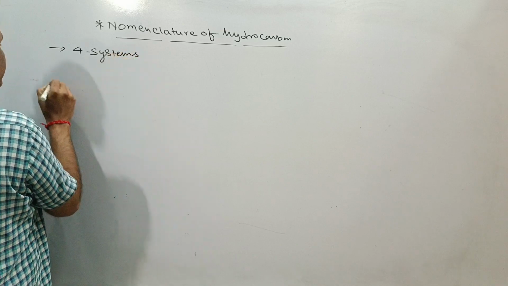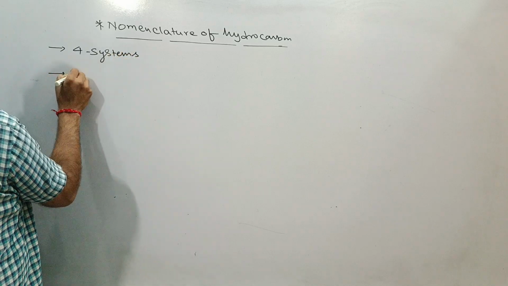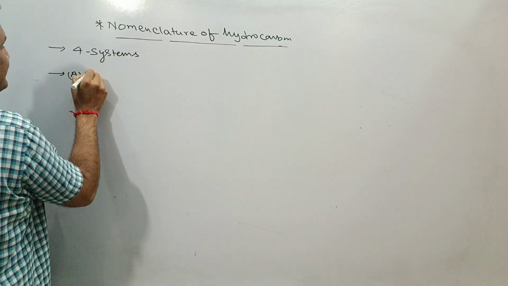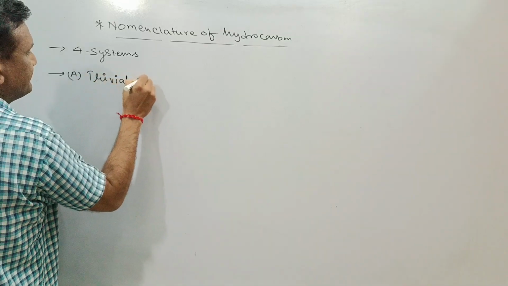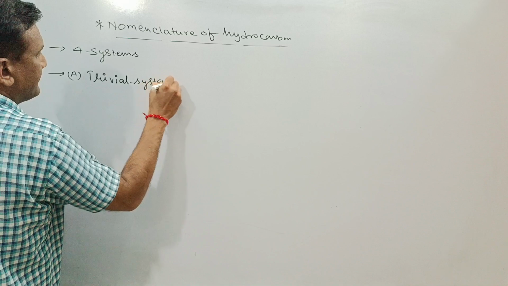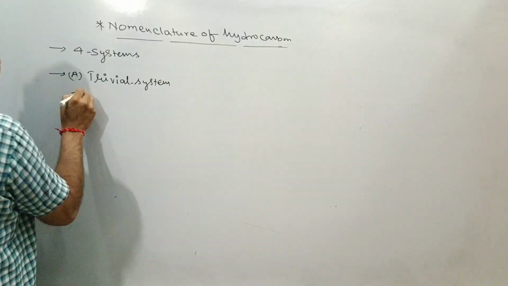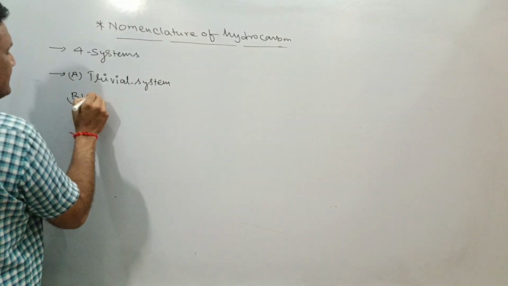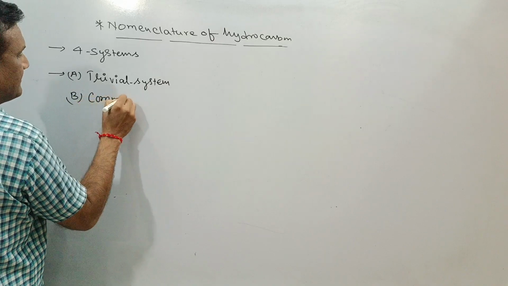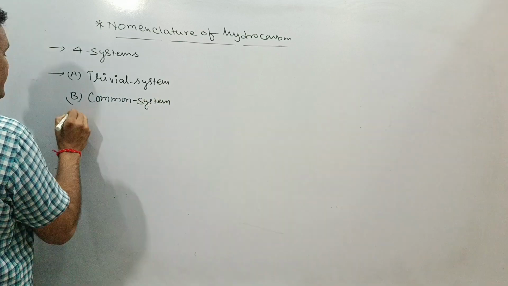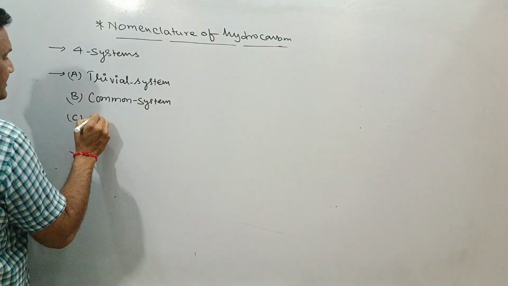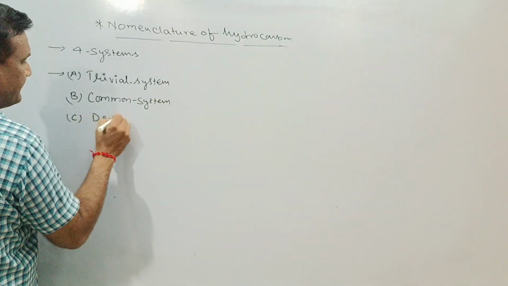What are they? First system is your A, you can say trivial system. This is the B part, you can say common system. C part is your derived system.